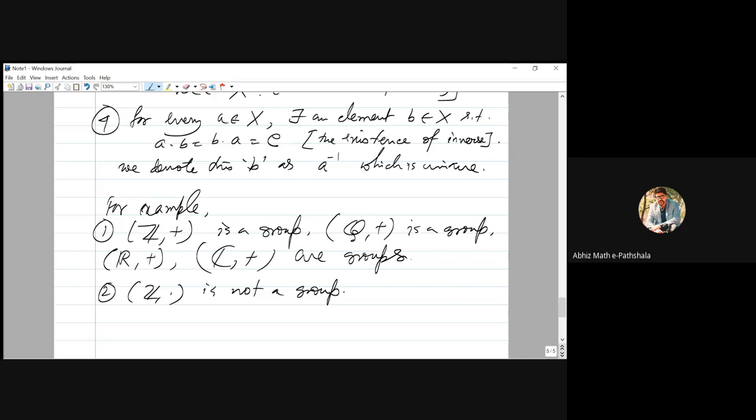Okay, so it is not a group, but Q minus 0 dot is a group.